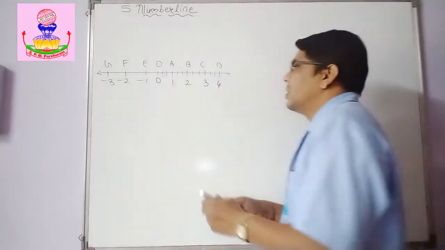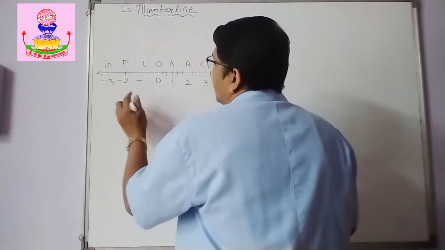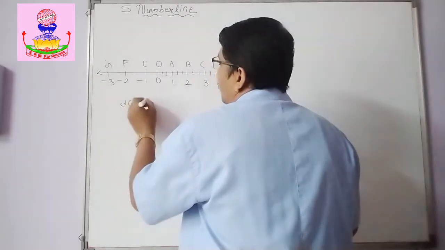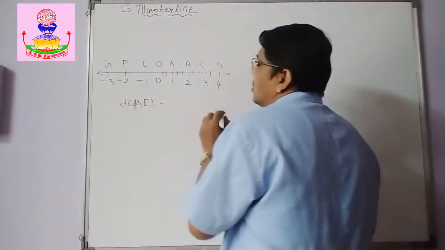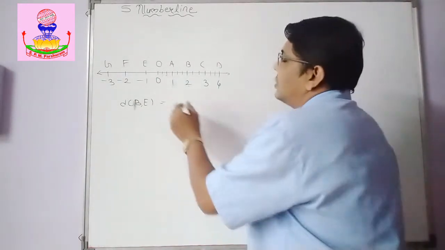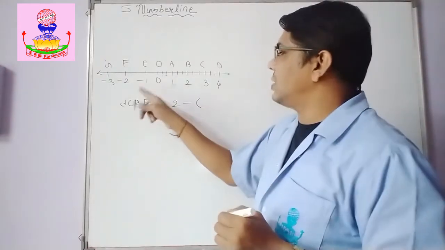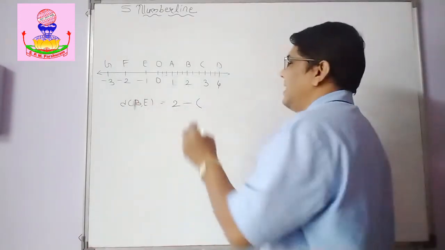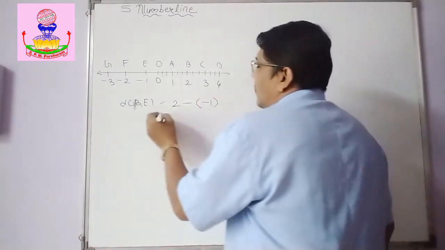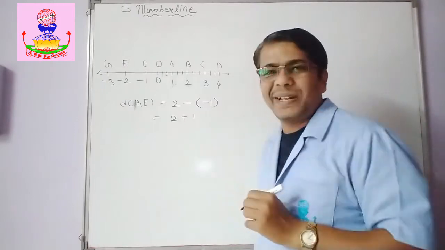So distance BE: greater coordinate minus smaller coordinate. Which is the greater coordinate? 2. Minus the smaller coordinate. What is the smaller coordinate? Minus 1. Right? So that is equal to 2 minus into minus plus, so 2 plus 1.